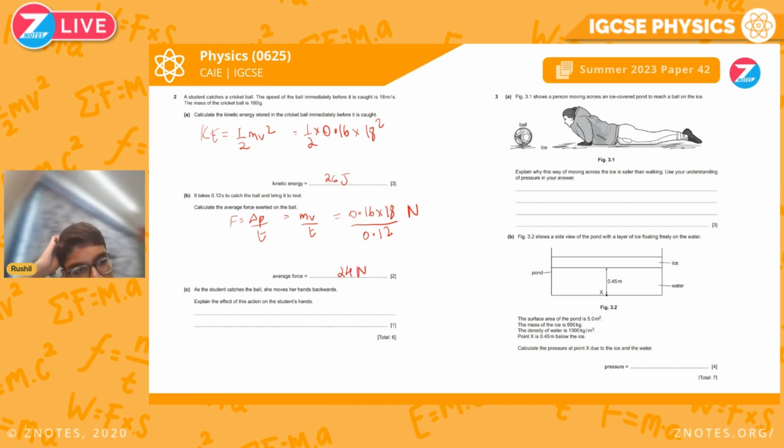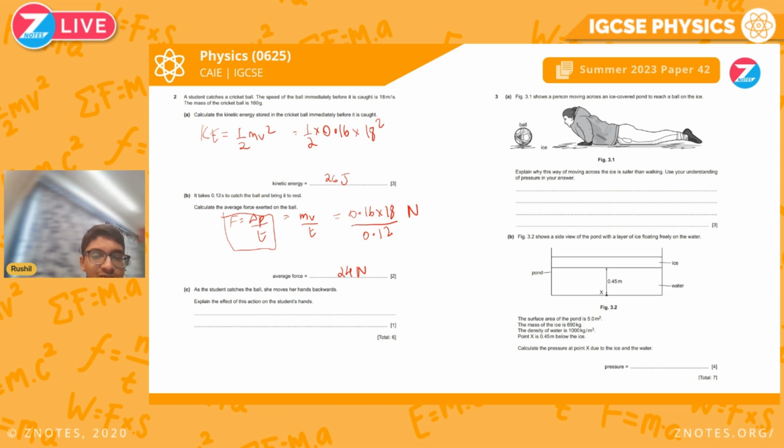As the student catches the ball, she moves her hand backwards. Explain the effect of this action on the student's hands. So you just saw here that force is equal to change in momentum by time. By moving her hands backwards, she basically increases the amount of time she interacts with the ball. Because change in momentum is fixed, since it had original speed and we're bringing it to zero, as the time increases, the force decreases.